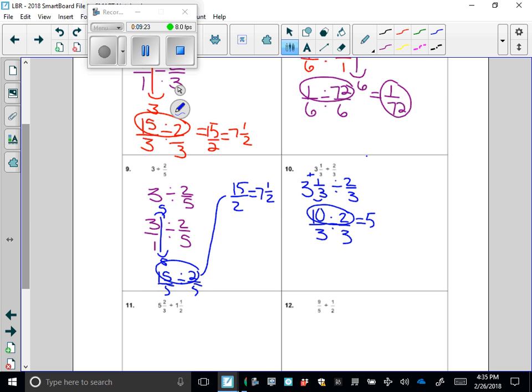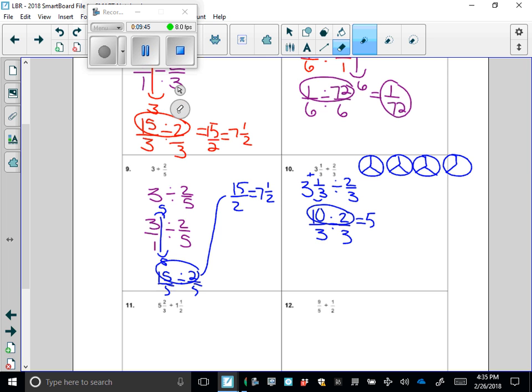So if we just looked at a simple, that would be a really simple picture to look at. If you have 3 1/3, so I'm going to break my picture up to 3 wholes and then just a third. Get rid of the other 2/3.